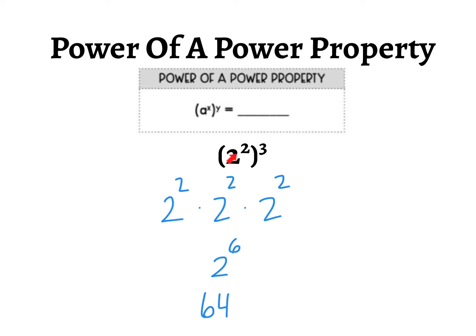I have 2 as the base, and then to the 3rd power is to the 6th. So 2 times 3 is 6. So my rule here is I raise my exponent and I multiply it times the other. And that's the property here that I'm dealing with.